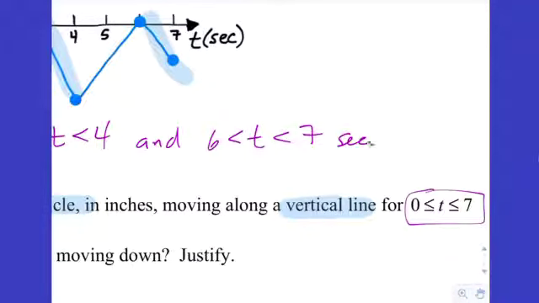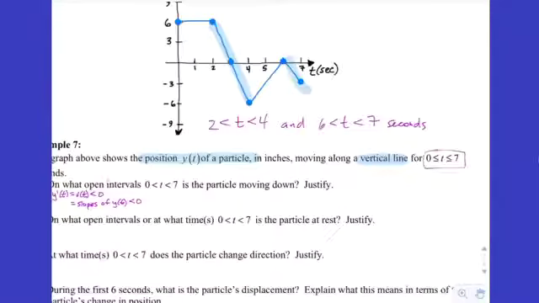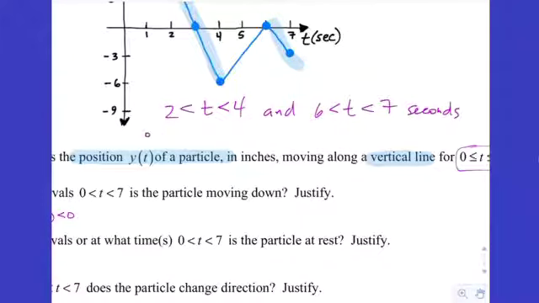So you would put seconds on the end. That's an okay way to do it with inequalities. Or you could say for t in (2, 4) union (6, 7) seconds. I kind of prefer the interval notation in this case, but either one works.